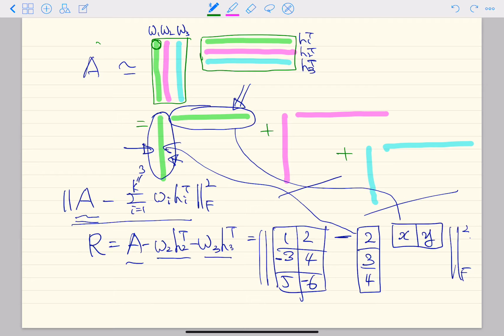So in that case, it is called a coordinate descent, not a block coordinate descent, because each of our blocks involves only a single variable, right? So that corresponds to coordinate descent.